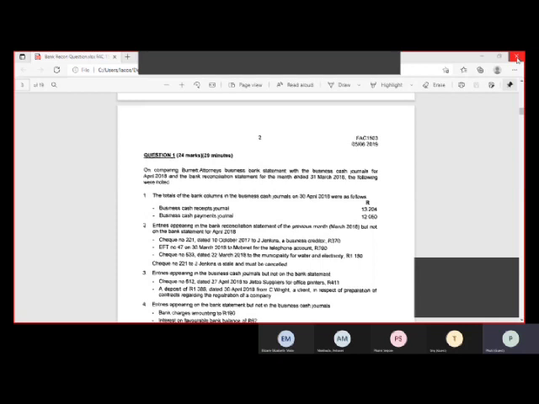You said it's going to be the opening balance? Yes. So your CRJ balance would go on the debit side, and my CPJ on the credit side.